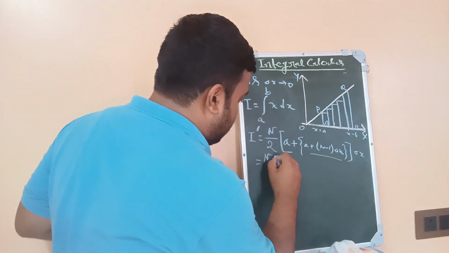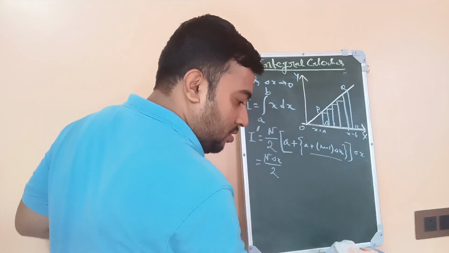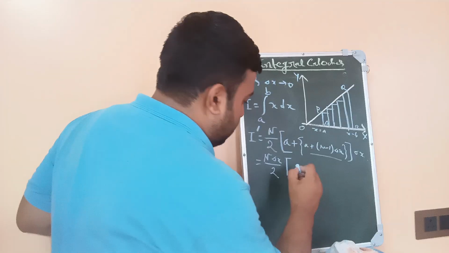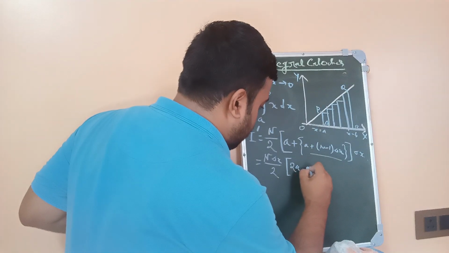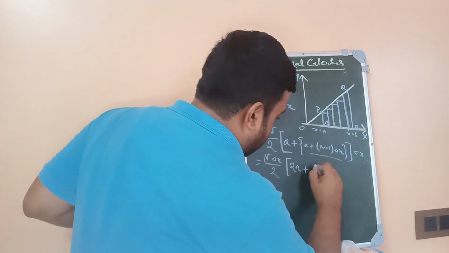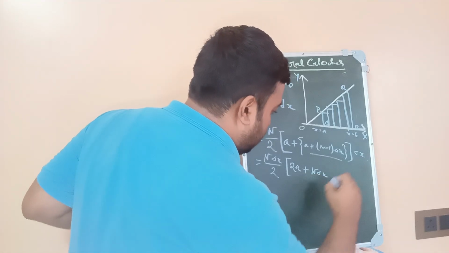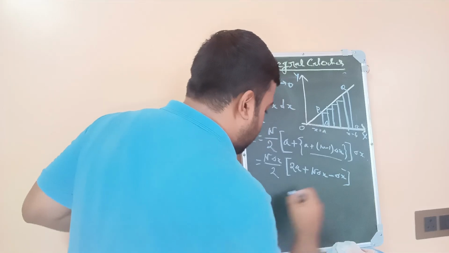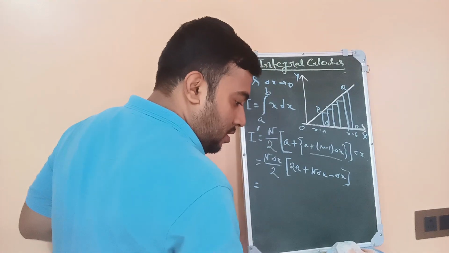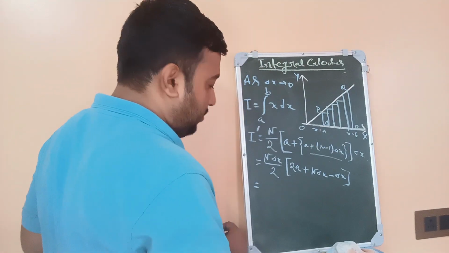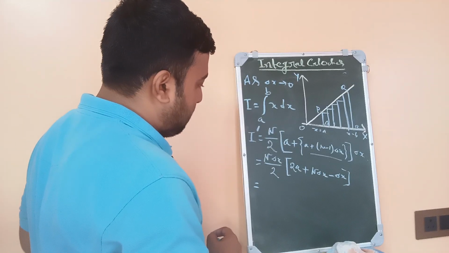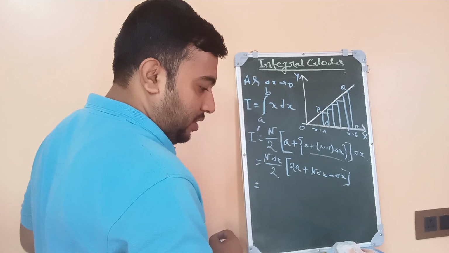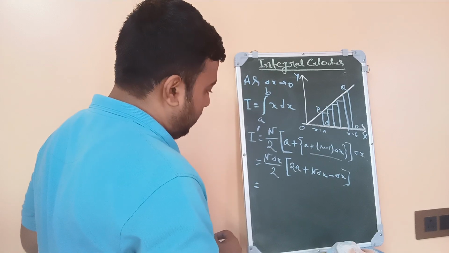n into delta x by 2. Okay, delta x by 2, make it common, and this is twice a plus n into delta x minus delta x. Okay, now this is n into delta x, n into delta x.